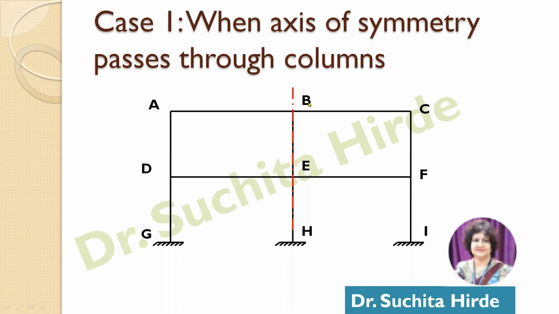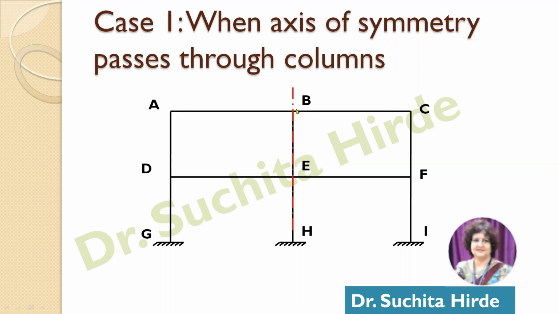Now you observe joint B. At joint B and joint E, the axis of symmetry is passing through these joints. You know that in the frame, if the frame is in equilibrium, then summation of moment at every joint must be equal to 0. That means at joint A, if you apply summation of moment equal to 0, MAD plus MAB is equal to 0.